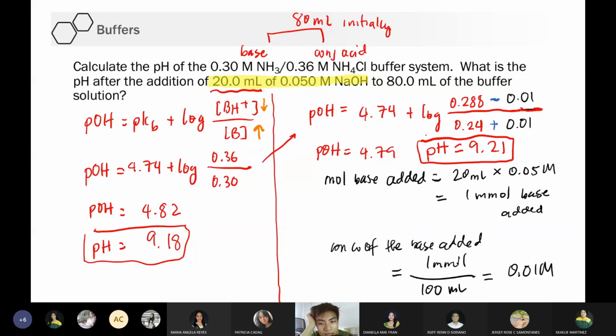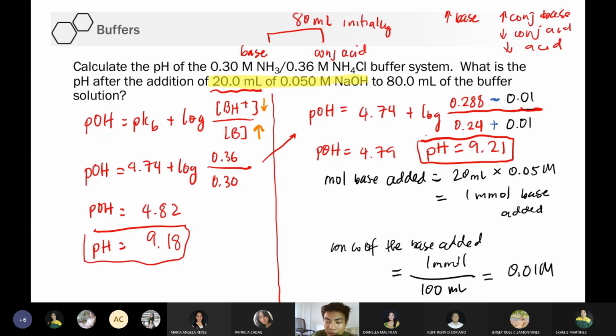Pag nagdagdag ako ng acid, madadagdagan naman yung acid ko or the conjugate acid. So either of those two lang yung mangyayari. So again, pag tumaas yung base, tataas din yung conjugate base. Bababa yung conjugate acid o kaya bababa yung acid.